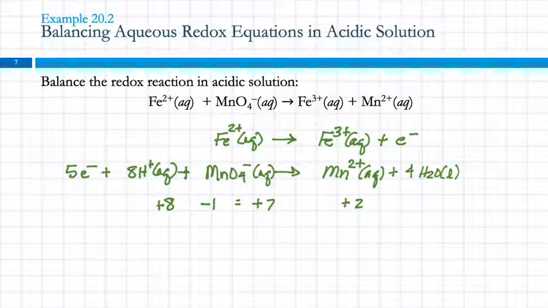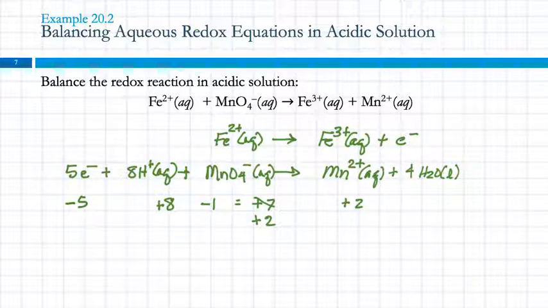Okay, so there was a Wi-Fi problem there, and I wrote some stuff, but it never showed up on the screen. So by adding 5 electrons, I have -5 to this side, so -5, +8, and -1, I've got +2 on the left and +2 on the right. Any questions?